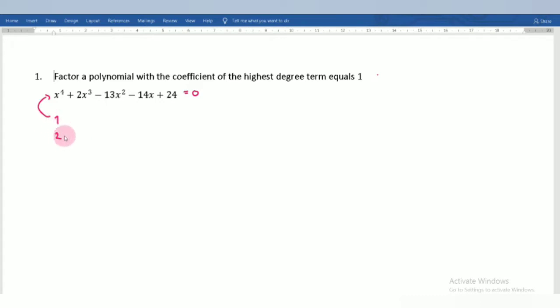So we can use 1, 2, 3, and don't forget we also need to consider the negative ones, -2, -3, and so forth. And we may also consider rational numbers, for example half, 3/4, and so forth. There will be many candidates and it will be endless.